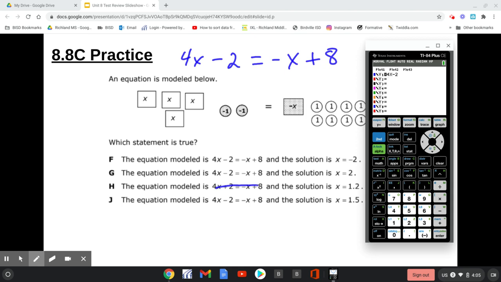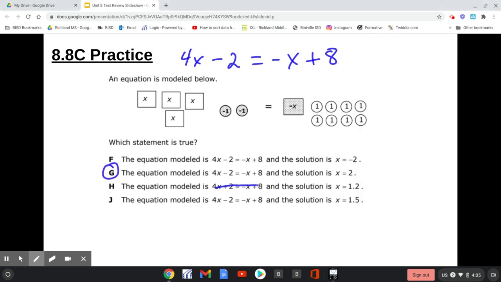Now I'm going to hit negative x plus 8. I'm going to hit second, trace, 5. There's my lines. Enter, enter, enter. And I can see my answer is 2. So I know my answer is G. Next one.